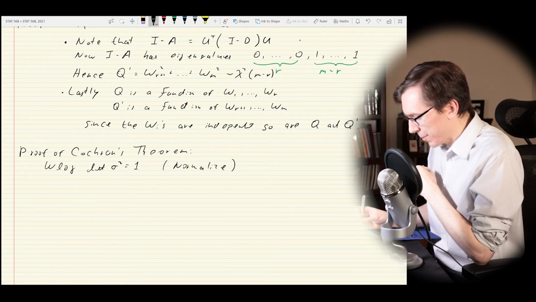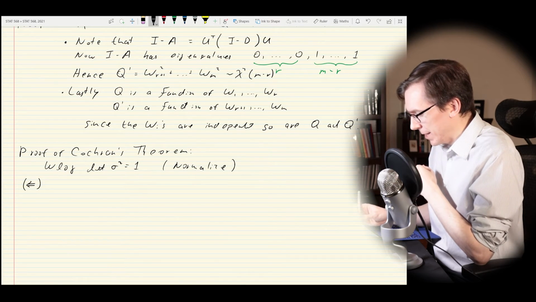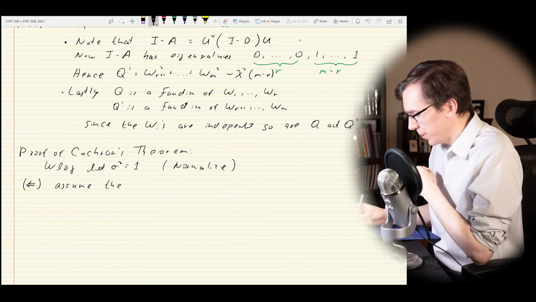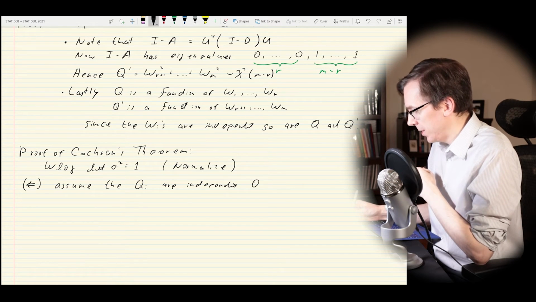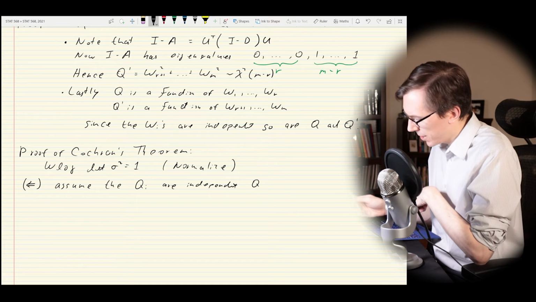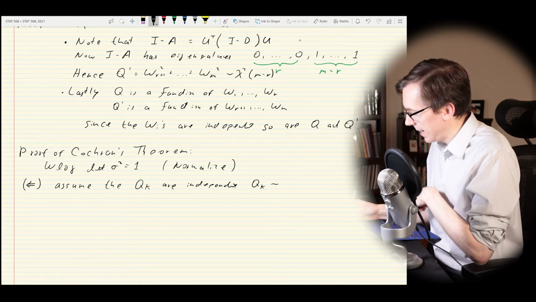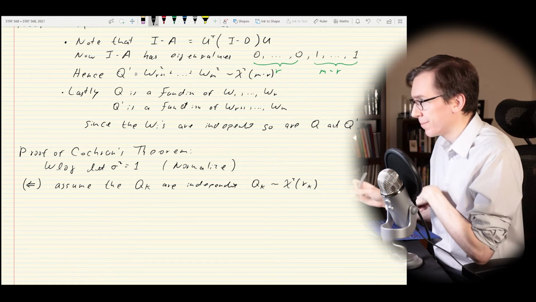So step 1, which is going to be this implication, is: assume the Q_k are independent, and that Q_k has a chi-squared distribution with r_k degrees of freedom.